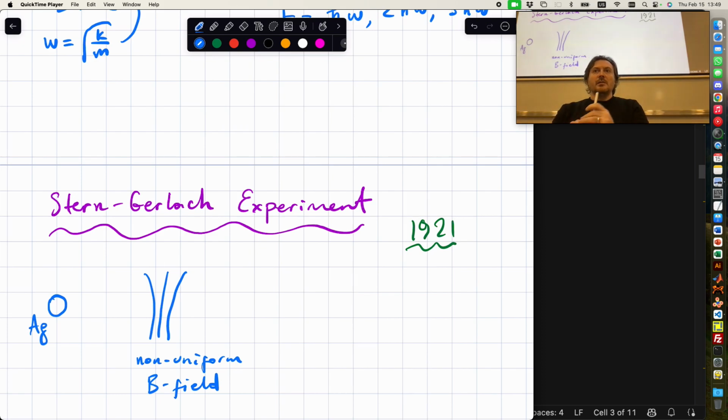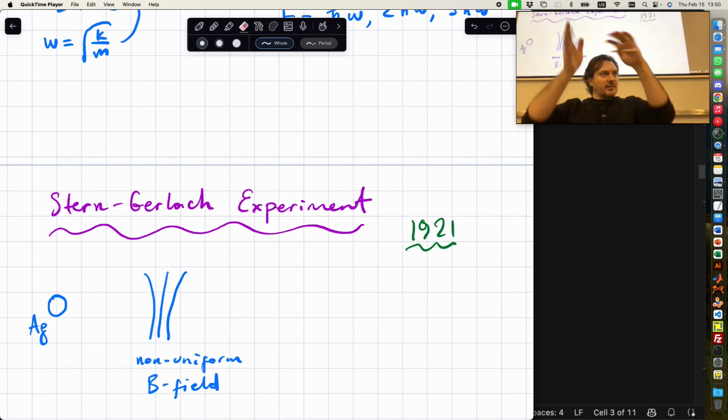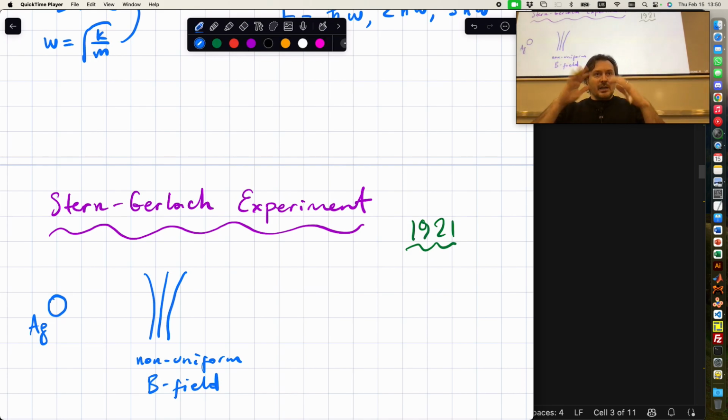If you take something that spins, this whole thing will become more and more ridiculous. But so far, let's make it less ridiculous. Let's say you have a charge and it spins. It can spin this way, it can spin that way, it doesn't matter. If it spins up, then under a non-uniform magnetic field, it wants to go up.